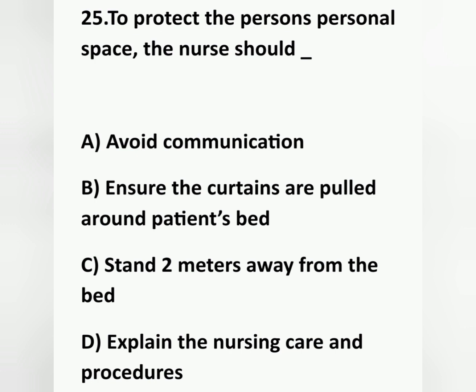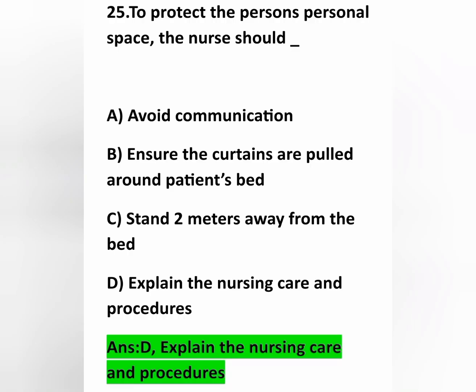Here person means patient. To protect the patient's personal space as a nurse, what can we do? We should explain the nursing care and procedure. So before doing each and every procedure, we should explain to the patient. That is the important aspect to protect the person's personal space.